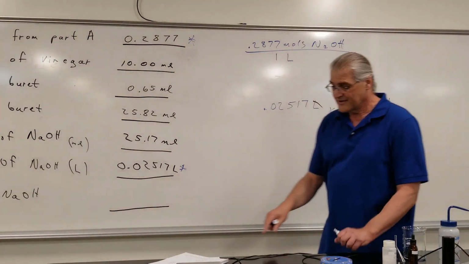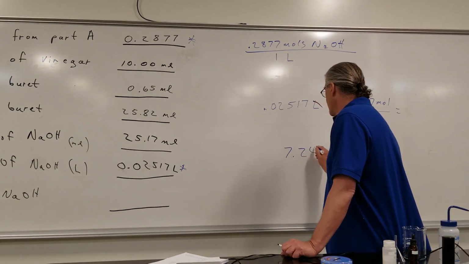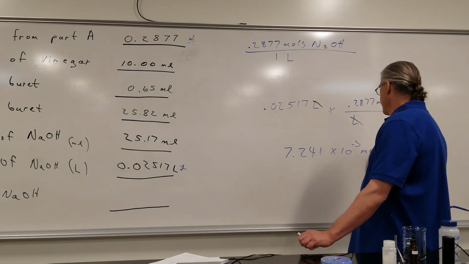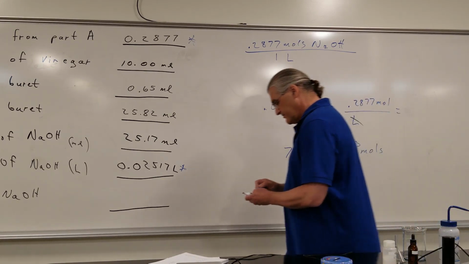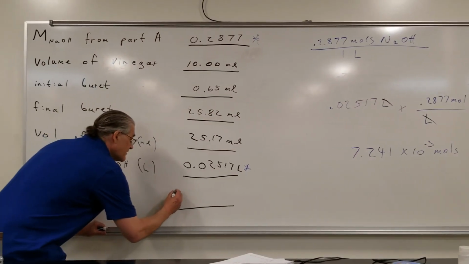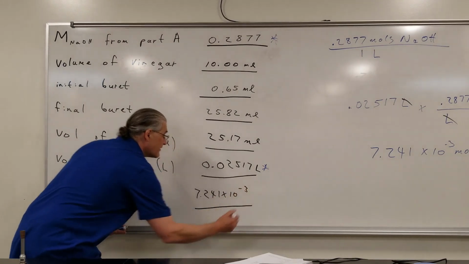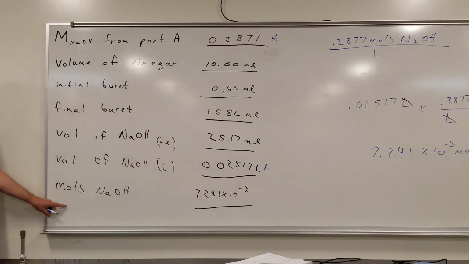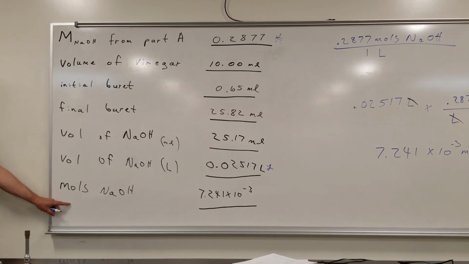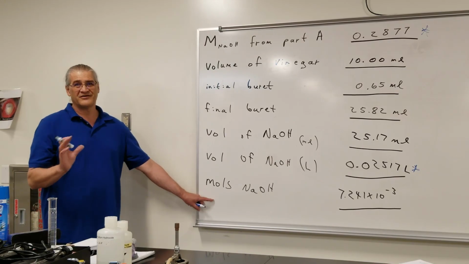If you do the math, you end up with 7.241 times 10 to the negative third moles. So down here, our moles of sodium hydroxide is that 7.24. That's how many moles of sodium hydroxide came out of the burette. That also is the moles of acetic acid that were in the flask, because it's, again, 1-to-1 stoichiometry.